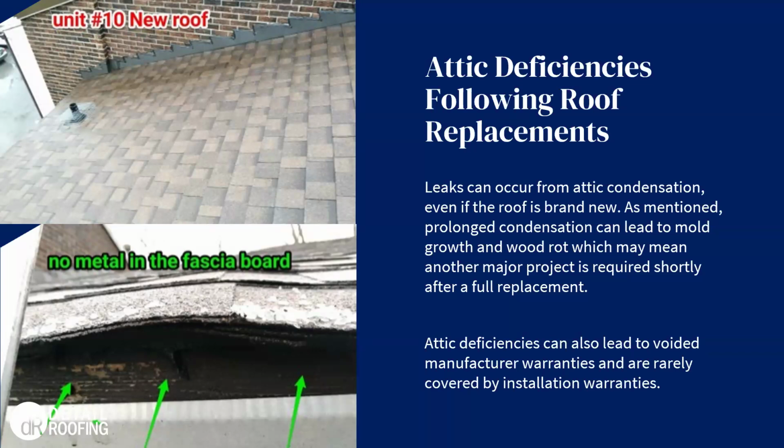Another issue, and we're going to look at a few different cases here, is that even if there's not any leaks directly happening from the ice damming, there could be condensation issues happening in the attic that can cause a leak into the interior occupied part of the space below. And even if the roof condition is fine and there's no shingle deficiencies, if everything is in great condition.